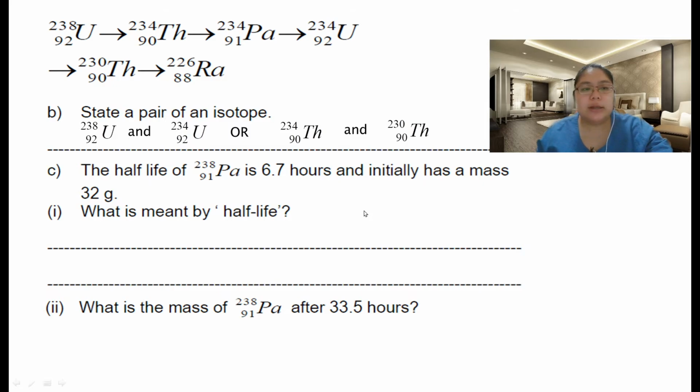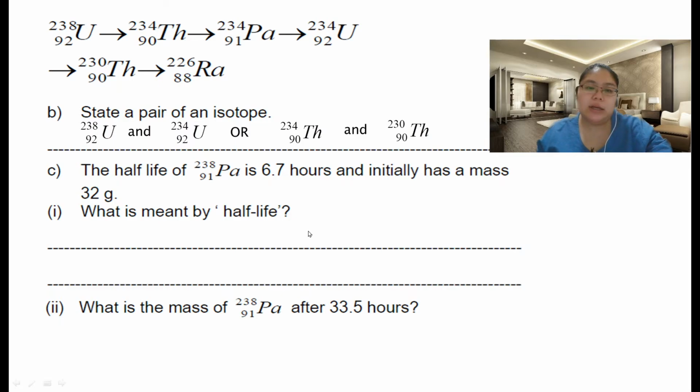Okay, then we go and see the half-life of the Pa. Pa 91, 6.7 hours, and initial mass 32 gram. So what is meant by half-life? Remember the half-life, just now I told you, half-life is the time taken for the activity to fall to half of the original activity.